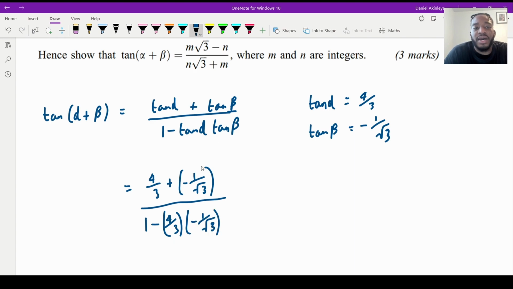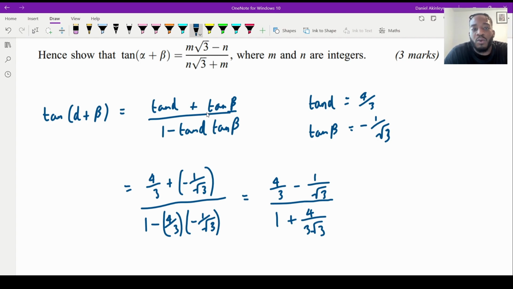And we need it in this format here. So let's just tidy this up first and see what we get. This on the top becomes 4 over 3 minus 1 over root 3. Let's put this down here. Divided by, and then we've got 2 negatives, so it's going to be 1 plus 4 on the top and then 3 root 3 on the bottom, isn't it? Okay, so we've got that.